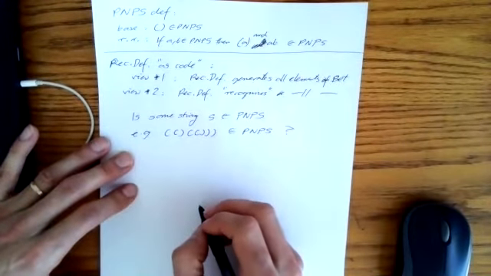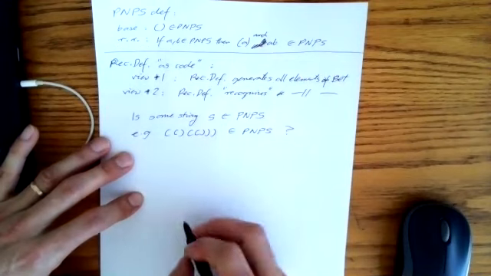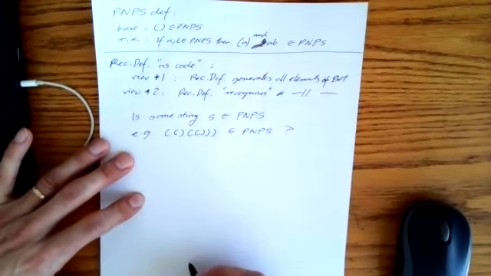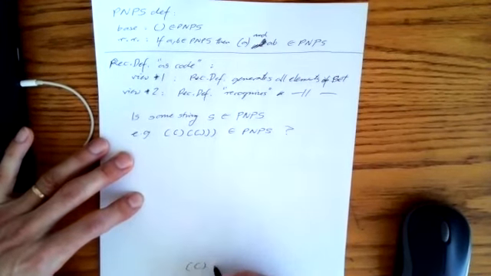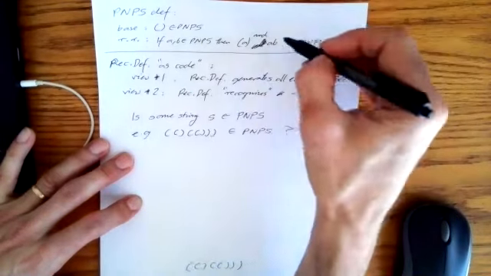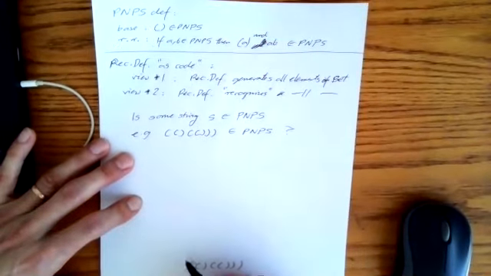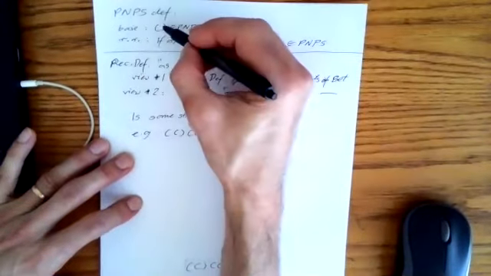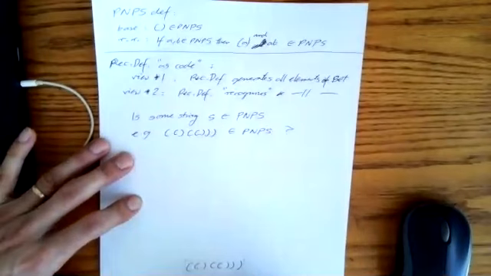Well, I will start with this string on the bottom. And how can I tell? Well, it is not a base case string, right? That's a check, it's easy to tell.